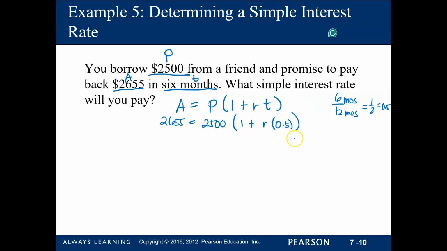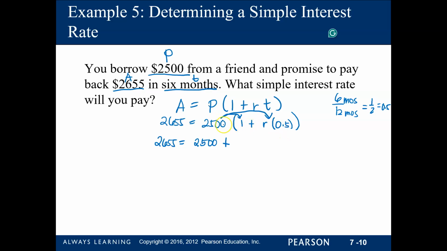Remember, this is going to be algebra, so we want to make sure that we find R. So first thing that we do is we distribute the 2,500 to the group. That's how we solve with algebra. So this is 2,655 is equal to 2,500 times 1, which is 2,500 plus 2,500 times R times 0.5.